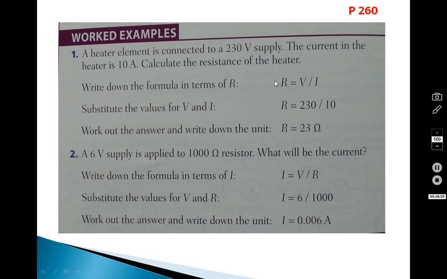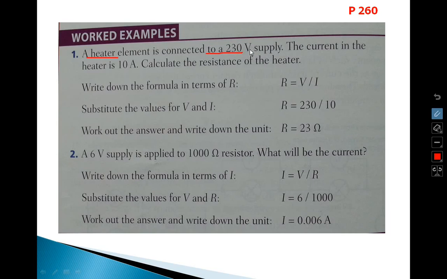Okay, now we will move to another worked example. It's located on page 260. In this example, we have a heater element connected to a 230 volt supply.